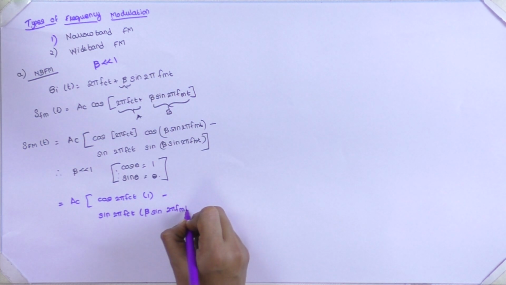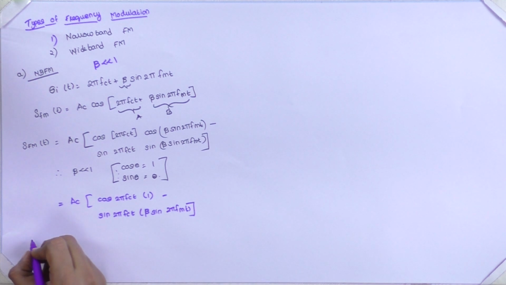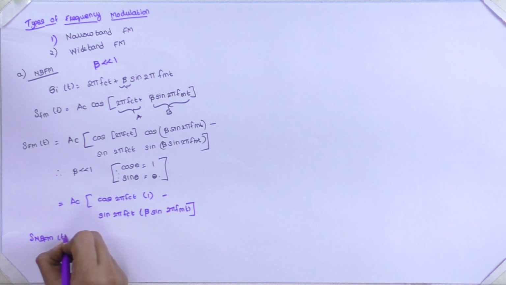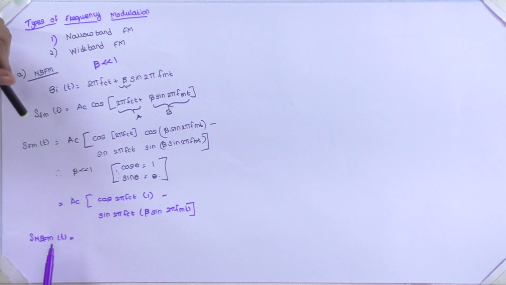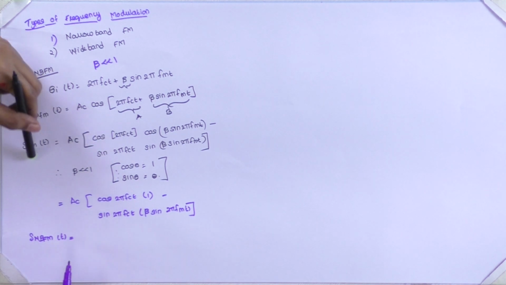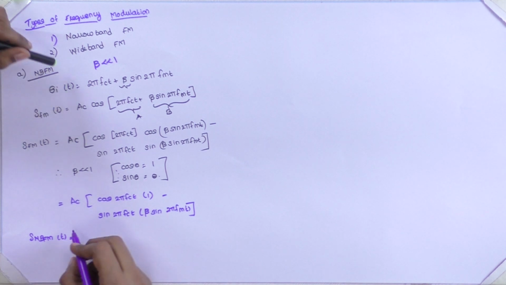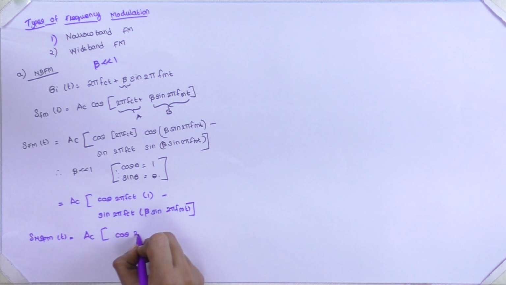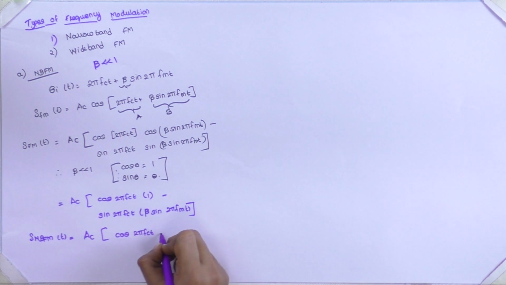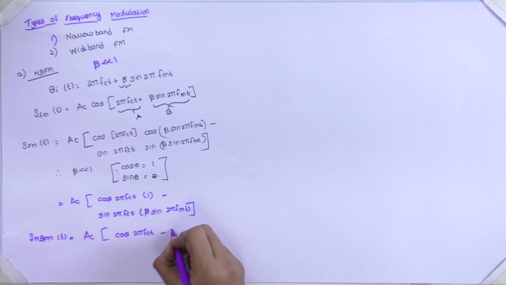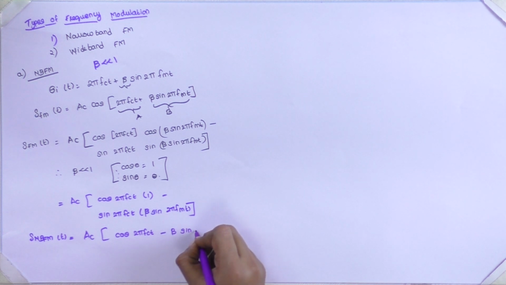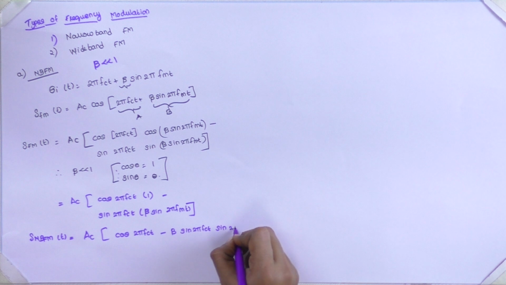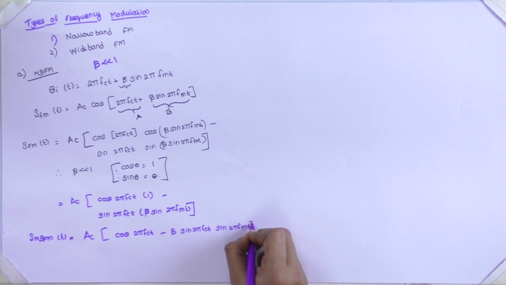Therefore, S NB fm of t, which we write as NB because we have taken beta much less than 1, is Ac cos 2 pi fc t minus beta sin 2 pi fc t sin 2 pi fm t.